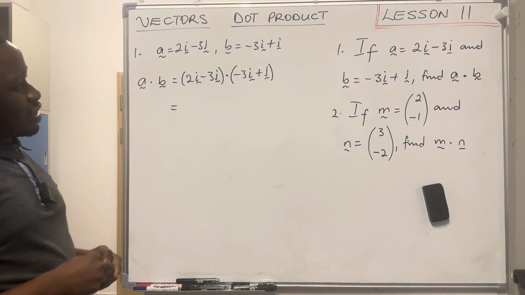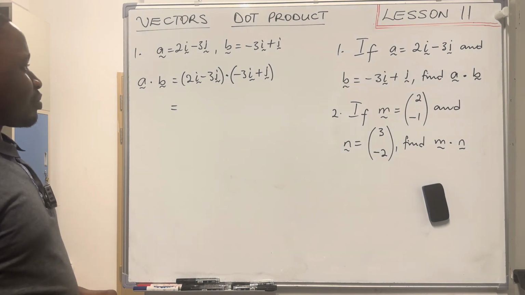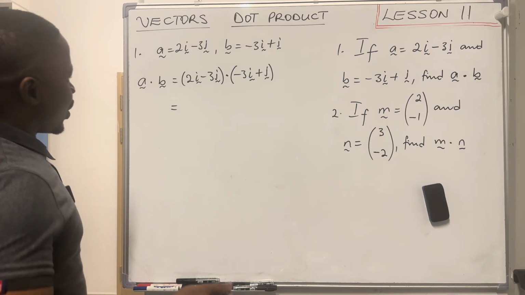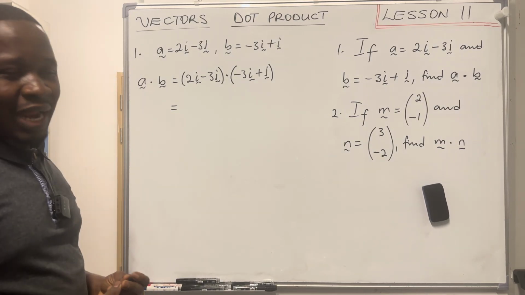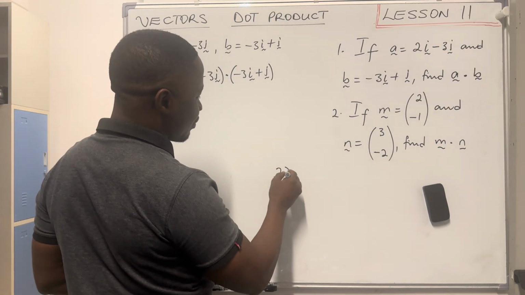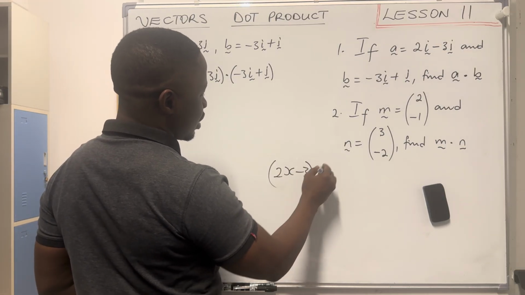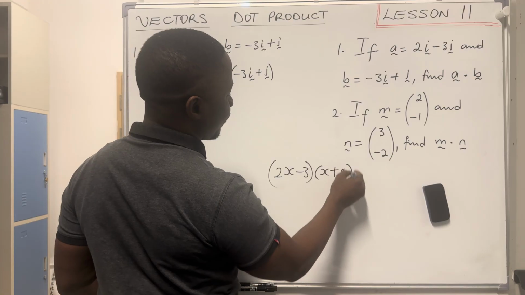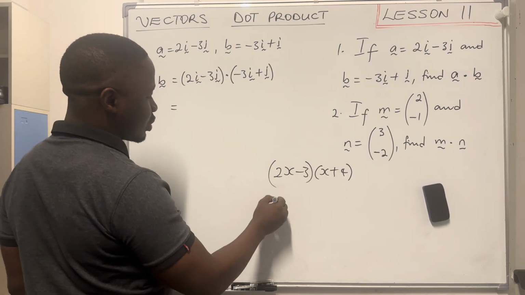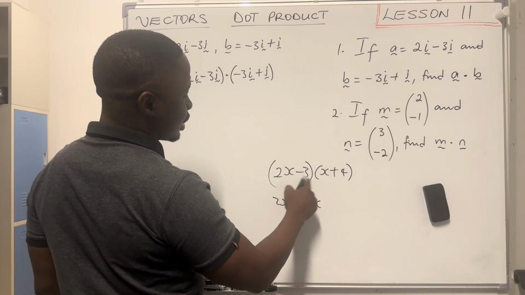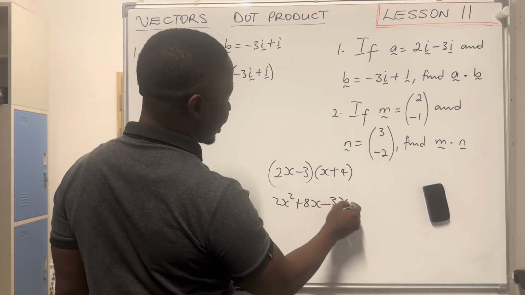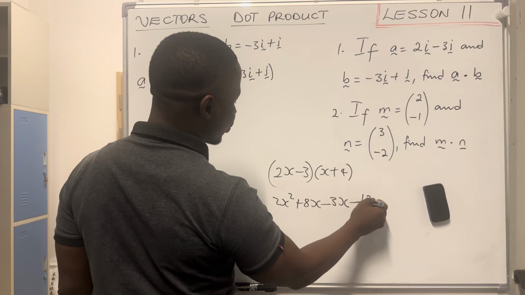Okay. So the thing here is you can solve the problem as we do in algebra. For example, if we have 2x minus 3 multiplied by x plus 4, we can say 2x by this, 2x squared, this by this is 8x, this by this is minus 3x, this by this is minus 12.